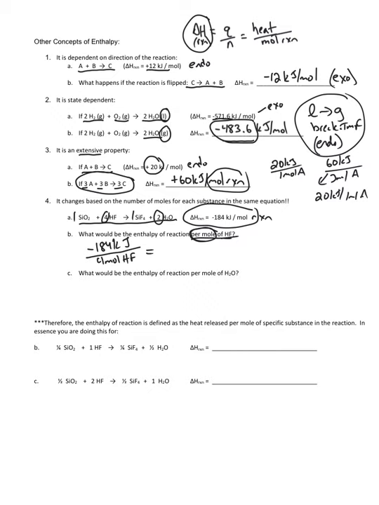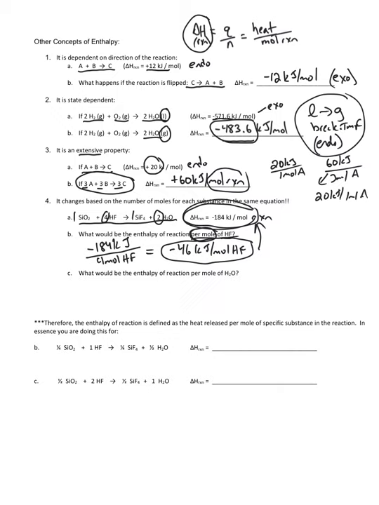So if I take my calculator out, negative 184 divided by 4, and I get negative 46 kilojoules per mole of HF. So if I were to react 1 mole of HF, this is how much heat would be liberated for 1 mole of it.